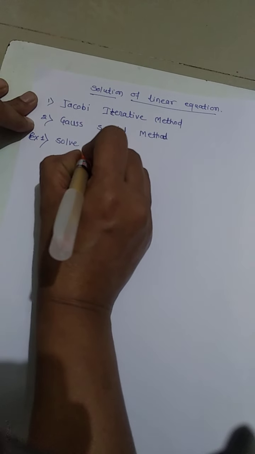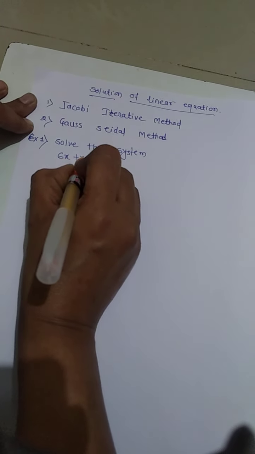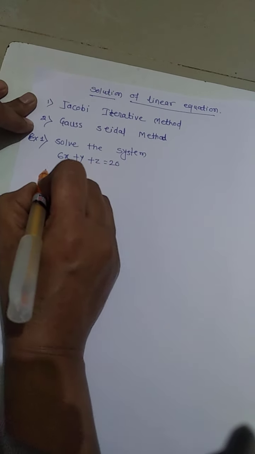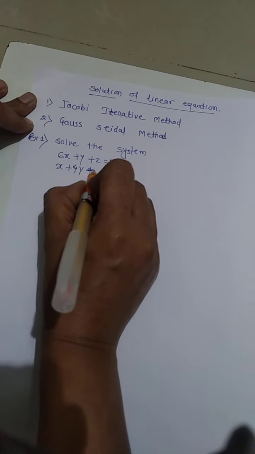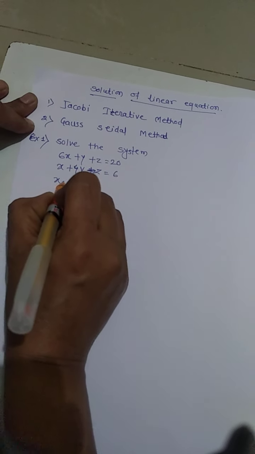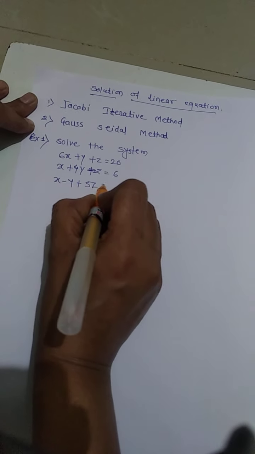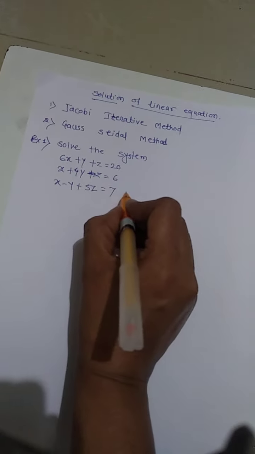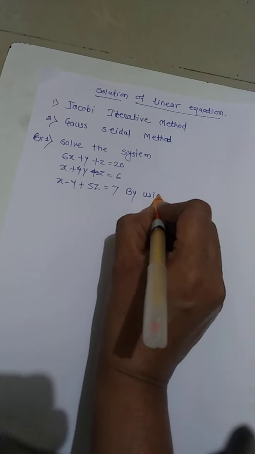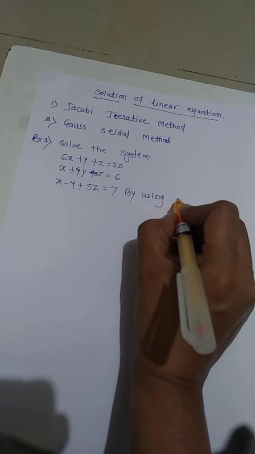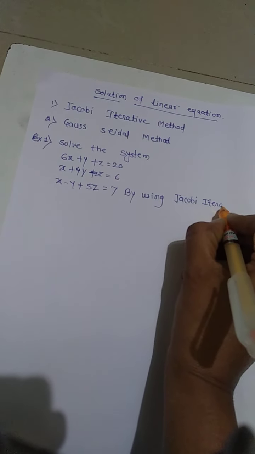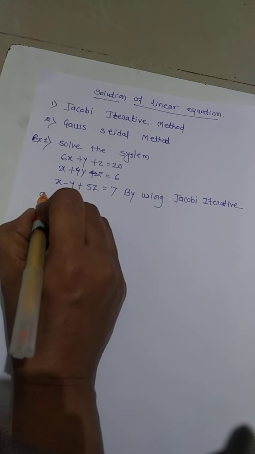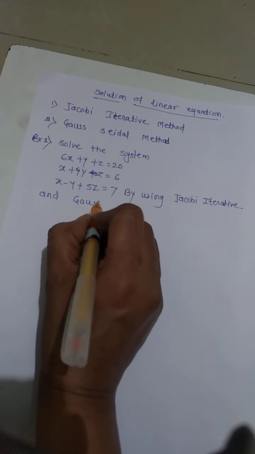Solve the system 6x plus y plus z is equal to 20, x plus 4y minus z is equal to 6, x minus y plus 5z is equal to 7, by using Jacobi iterative and Gauss-Seidel method.